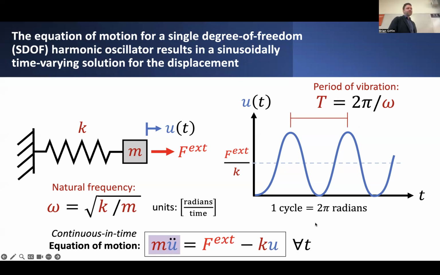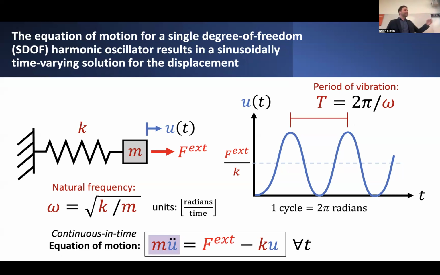But in any case, this one-dimensional equation of motion, as it's sometimes called, effectively is just exactly our finite element equations reduced to this very simple one-dimensional example. So mass times acceleration equals external force minus internal force, where that internal force is assumed to be directly proportional to the stiffness of the spring times the displacement of the spring, both of which, the acceleration and the displacement, are assumed functions of time.